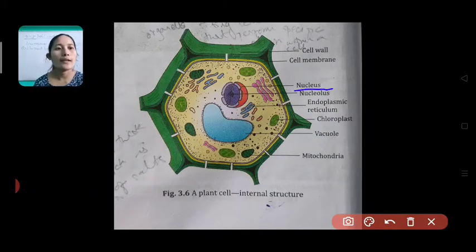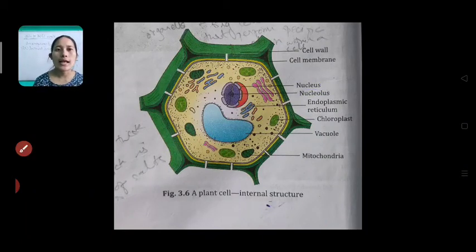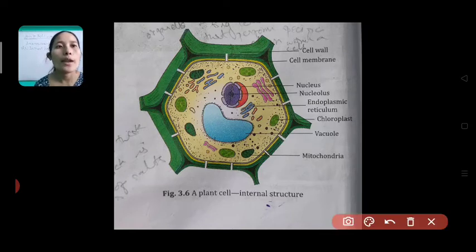And both plant cell as well as animal cell are filled with a colorless fluid or liquid substance called cytoplasm. It's not indicated here, but this whole compartment is filled with a colorless liquid called cytoplasm.